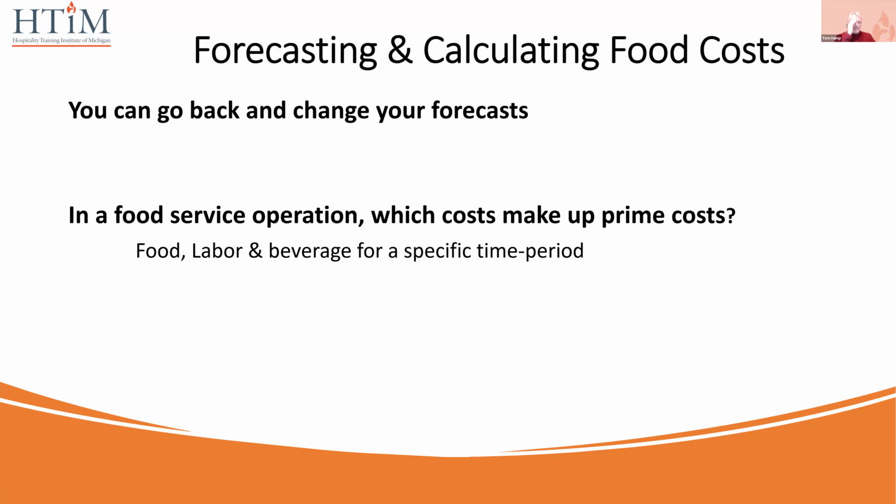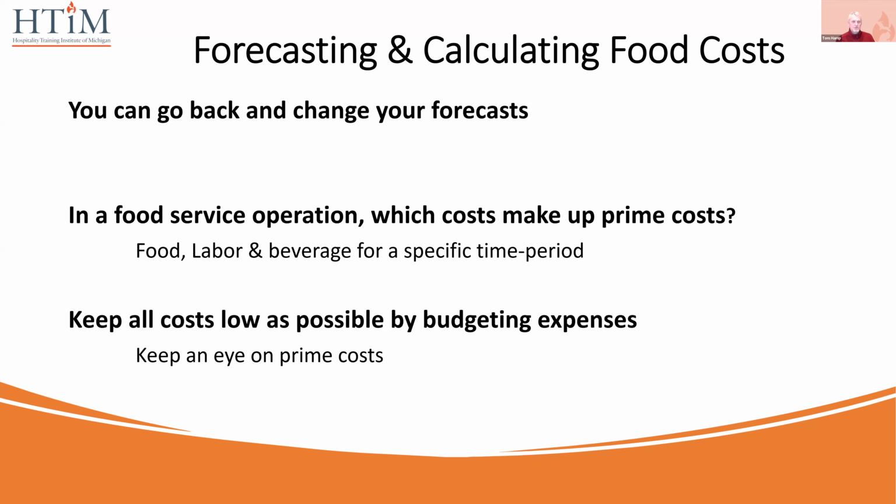Depending on your organization, there's probably a certain number that you have to stay underneath as far as your prime costs with respect to comparing that to your revenue. We certainly want to keep all costs as low as possible by budgeting, but you want to keep your eye on the biggest expenses, and that is your food, labor, and beverage costs. So keep an eye on your prime costs.